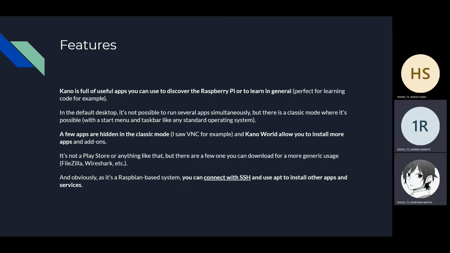So features of Kano OS. Kano is full of useful apps you can use to discover the Raspberry Pi or to learn in general. In the default desktop, it is not possible to run several apps simultaneously, but there is a classic mode where it's possible. A few apps are hidden in the classic mode, and Kano World will allow you to install more apps and add-ons.